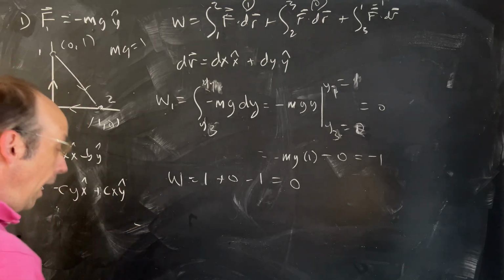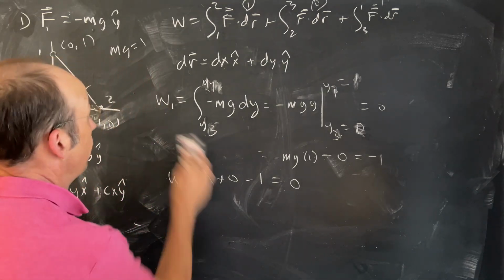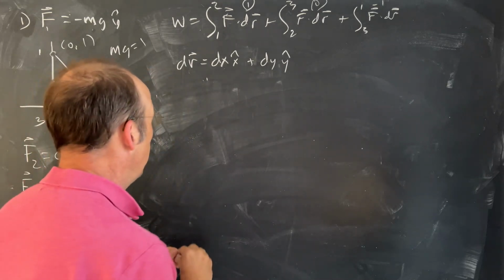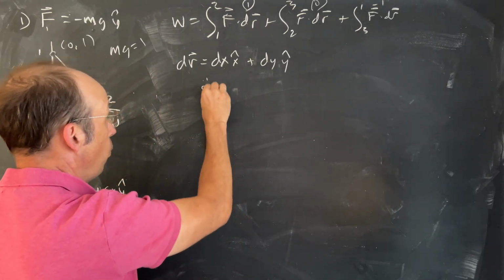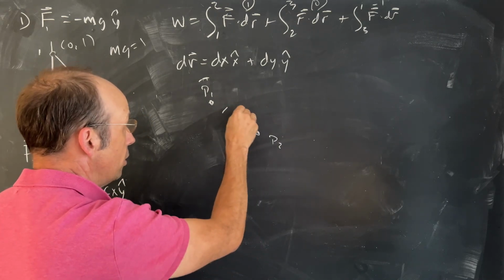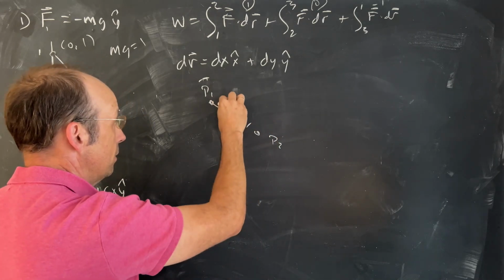So remember, in Python, what we're going to do is something a little bit different. I'm going to erase this stuff right here. I already did this in the previous video. If I want to find the work going from point 1 to point 2, I'm going to break it into steps.